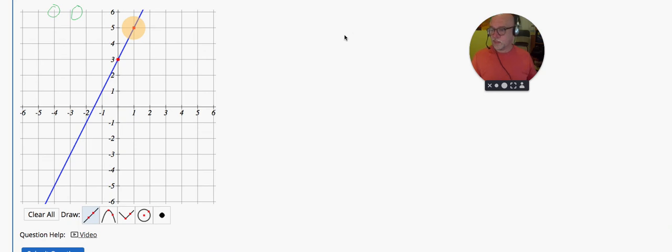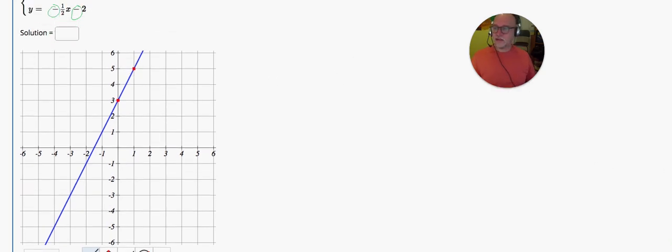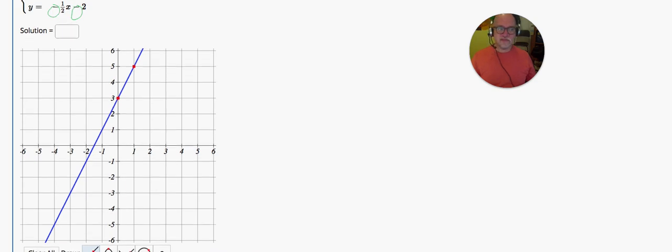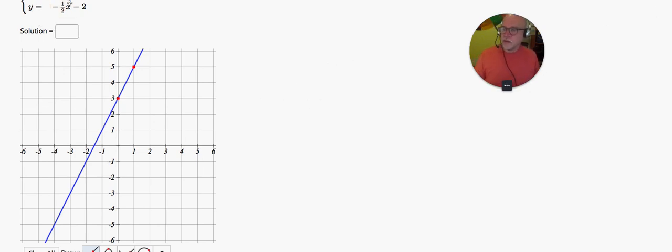Okay. Now I have to do the same thing for the other equation, and that one's a really deliberate fraction, if you see what I'm looking at there. So we're going to have to keep that in mind and not get intimidated by that, because again, we own this. This is going to have a y-intercept of -2 beginning down here, and this is going to go down by 1 and over by 2.